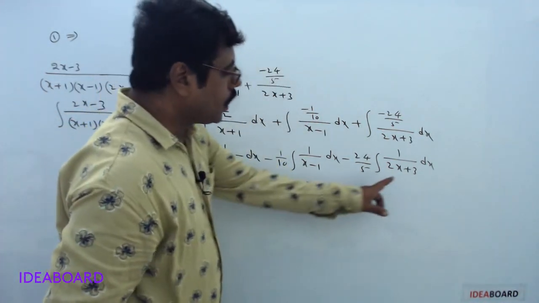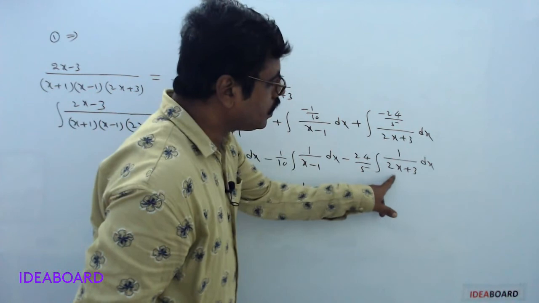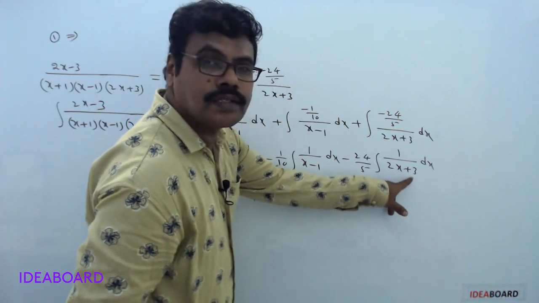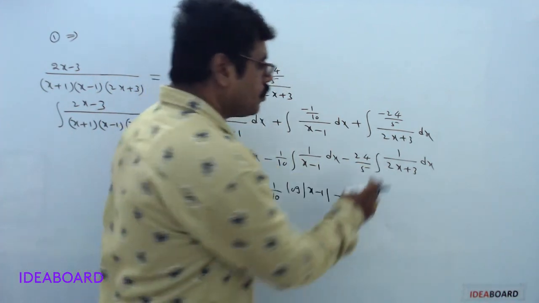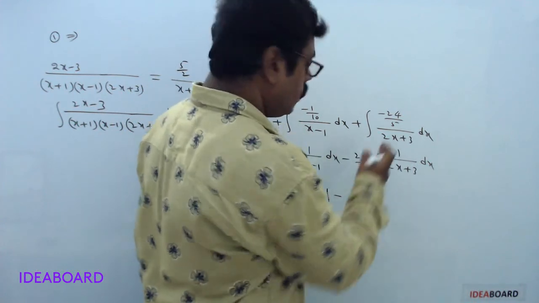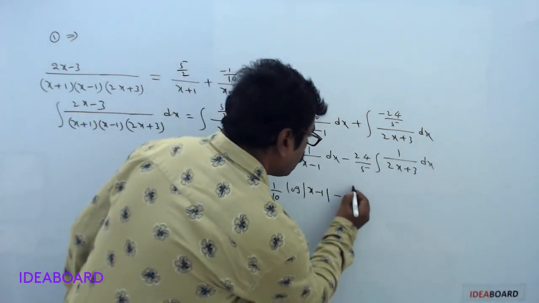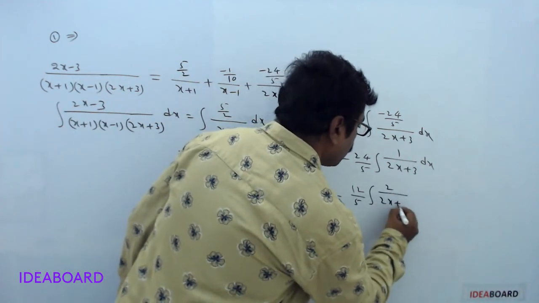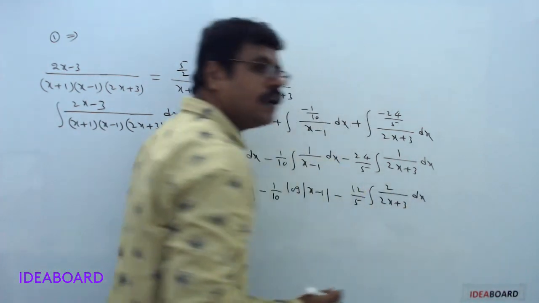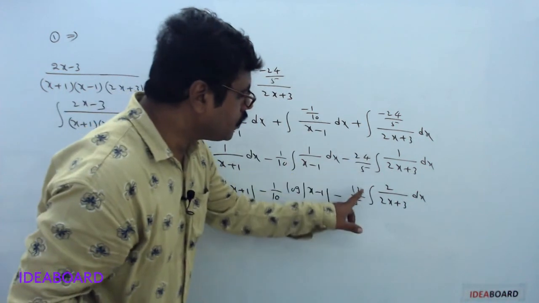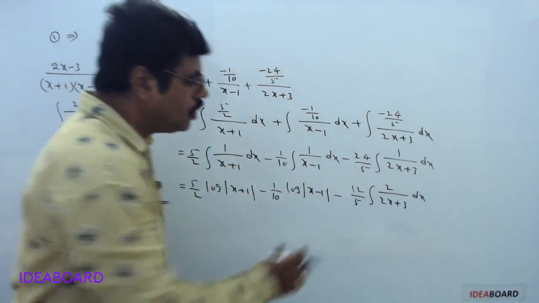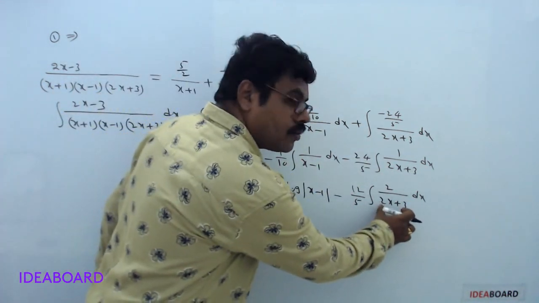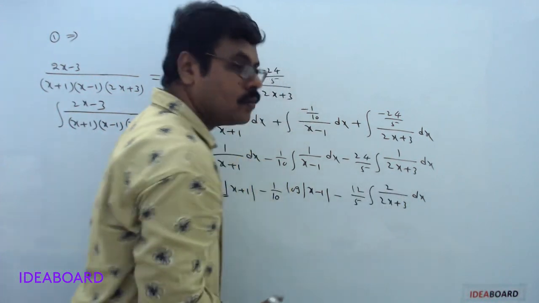Minus, here what is the derivative of 2x plus 3? Derivative of 2x plus 3 is 2. But 2 is not there in the numerator, so it can be taken as 12 by 5 into integral 2 divided by 2x plus 3 dx. Here 24 can be taken as 12 into 2. Now clearly the derivative of 2x plus 3 will be 2.